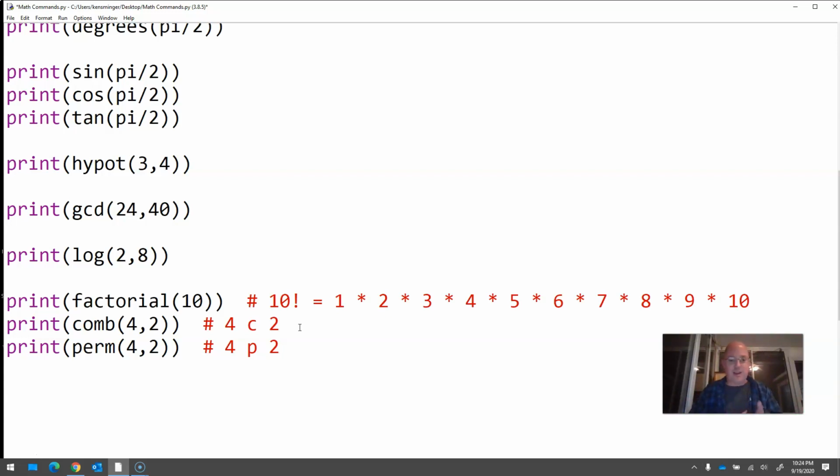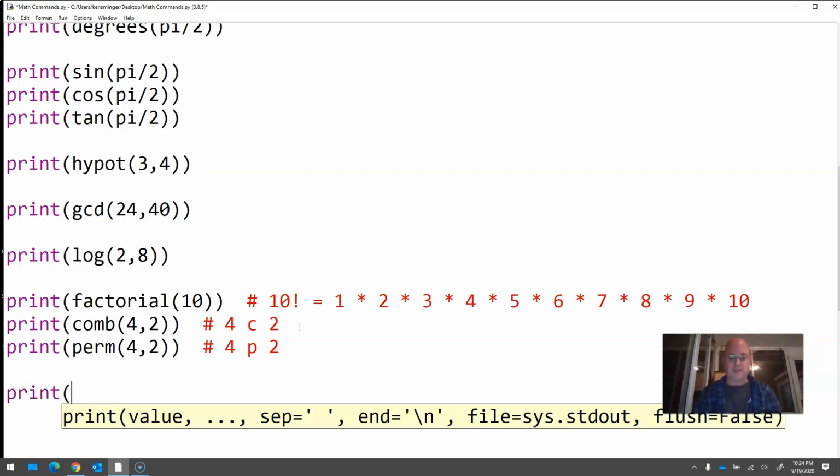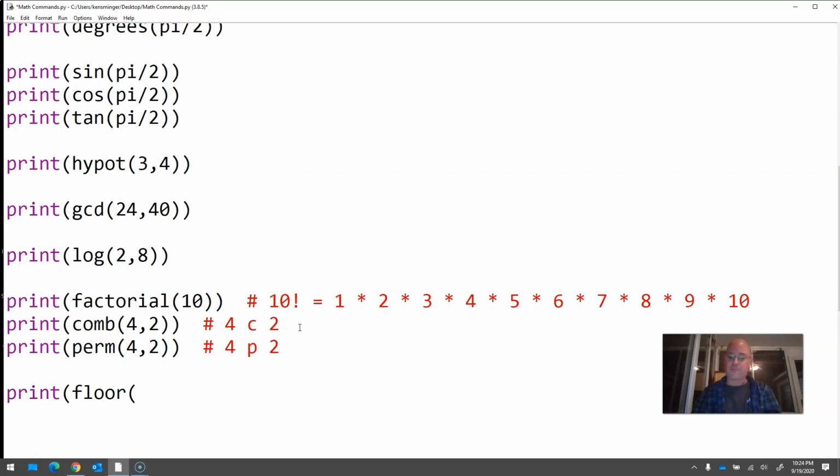The final two that I want to show you are the floor and the ceiling. I go back to what I was talking about with the decimals. There's the greatest integer, the one that chops off the decimals. Well, there's two other commands that are sort of associated. What is the floor of 3.4, and what's the ceiling of 3.4?